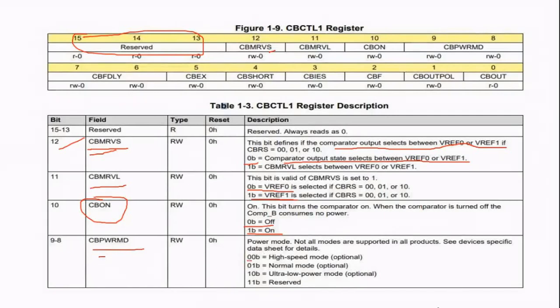If you provide 00, it will work in high speed mode. Another is normal mode, if it is 01. If it is 10, ultra low power mode. If it is 11, it is reserved. So you have 3 options. You can choose any one, either high speed mode, normal mode, or ultra low power mode. These 3 have different applications.